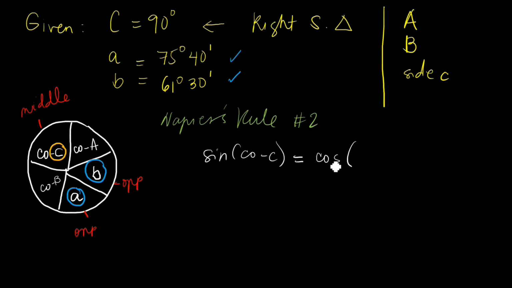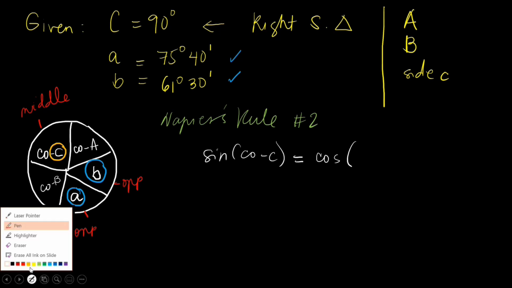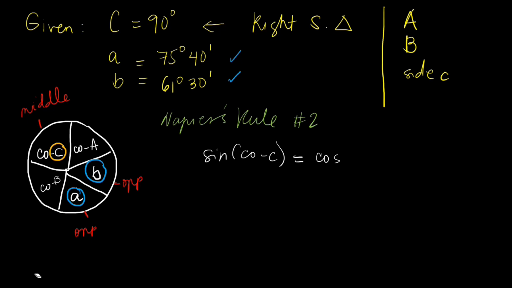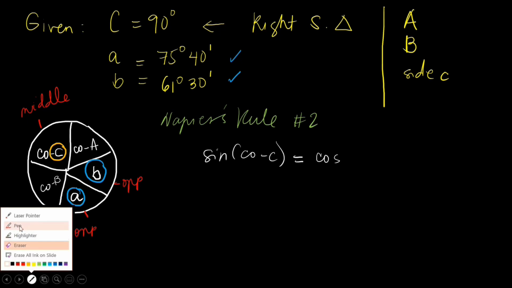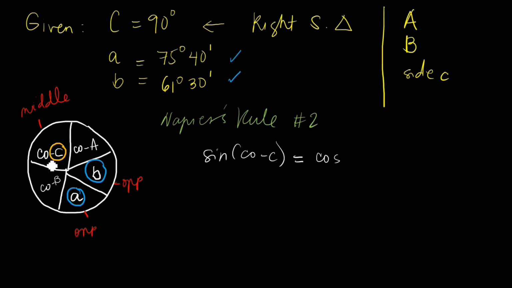So cosine of A, you can use parentheses if you only have A, B, but use parentheses if you do have the CO. So cosine of A times the cosine of B. You can omit the dot.